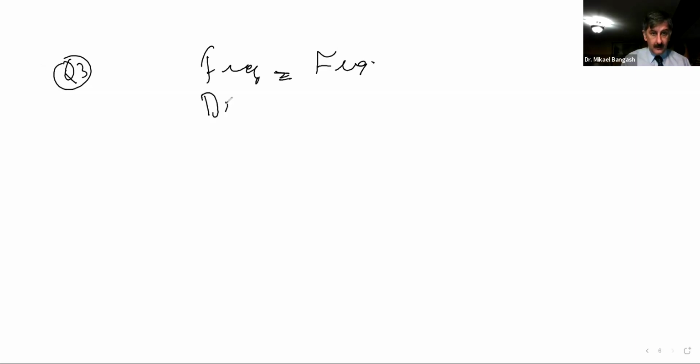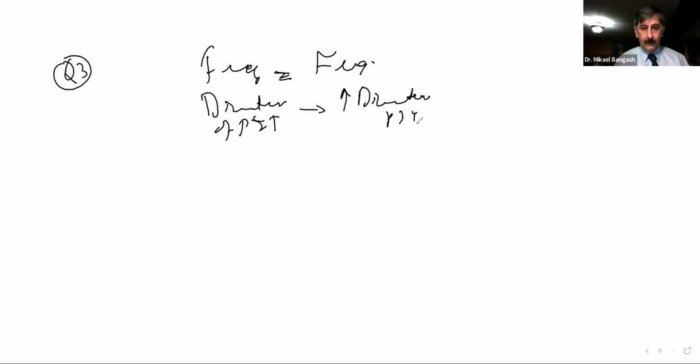If there's an increase in the diameter of the PZT, the question is, what's going to be the effect on the wavelength? Nothing.